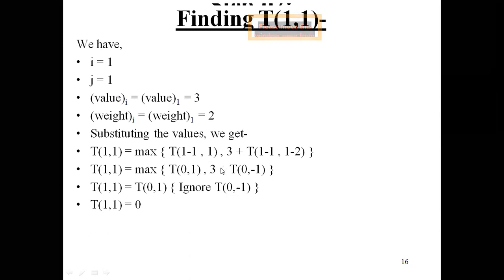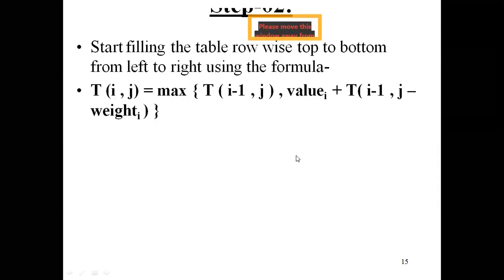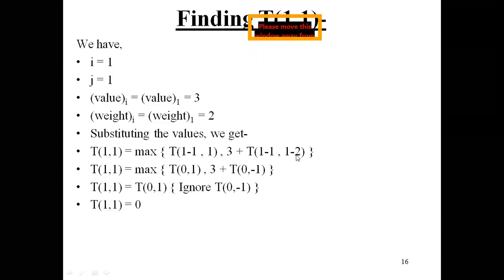This is another part: 3 plus T of 1 minus 1 comma 1 minus 2. See the formula, T of i minus 1: i means 1, 1 minus 1; j means 1, 1 minus weight of i. So weight of i is 2, so it becomes 1 minus 2. So 1 minus 1 comma 1 minus 2.